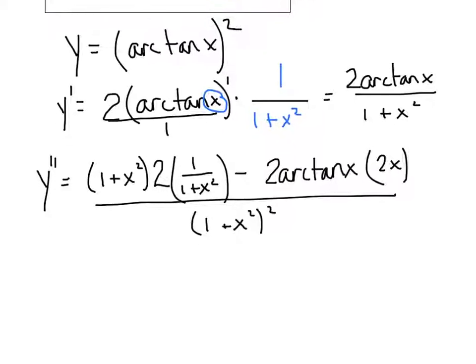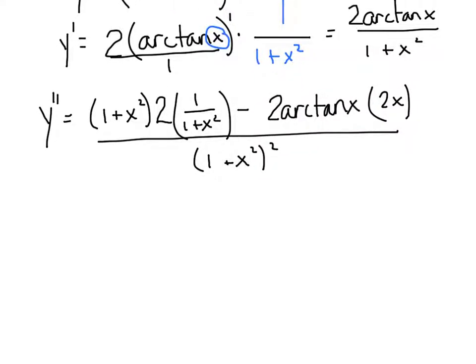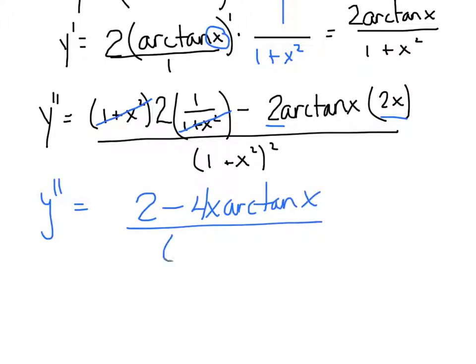And I think we'll want to clean that up quite a bit. And look what so nicely happens. The 1 plus x squared and the 1 plus x squared cancel. So I've got a 2 minus, I can multiply those, 4x arctan of x all over my 1 plus x squared squared. Now I need to set this equal to 0 and solve.